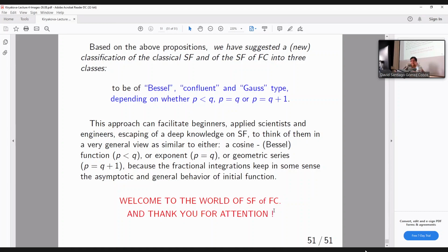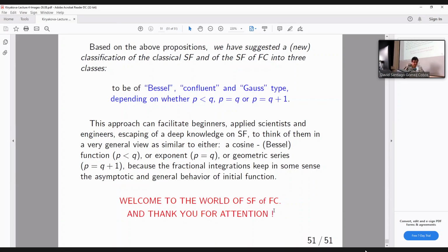Don't try to avoid the deep knowledge on special functions, but just think of them as belonging to some classes similar to cosine and Bessel functions, to exponential functions, or to geometric series. So maybe it can be useful, and also it is useful to check if some results are correct.